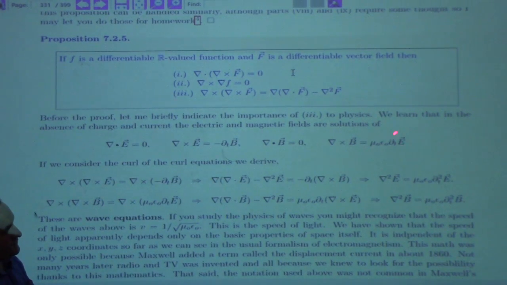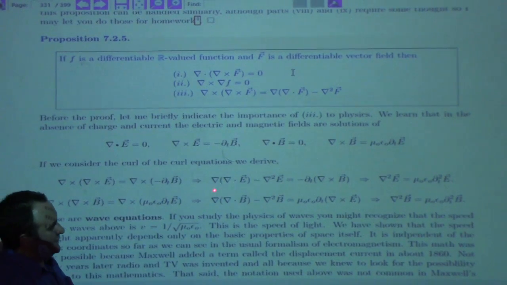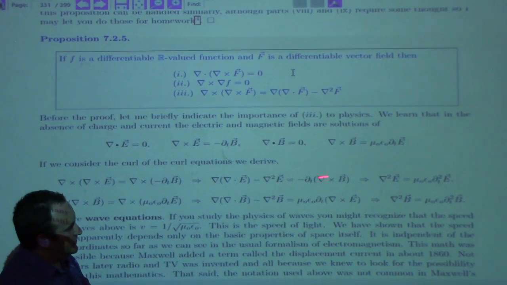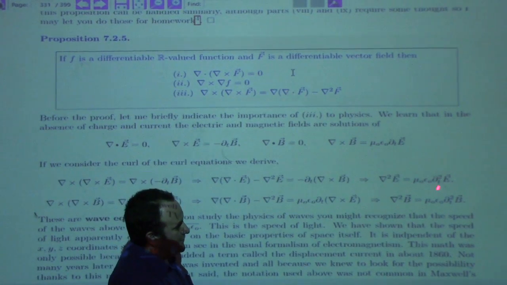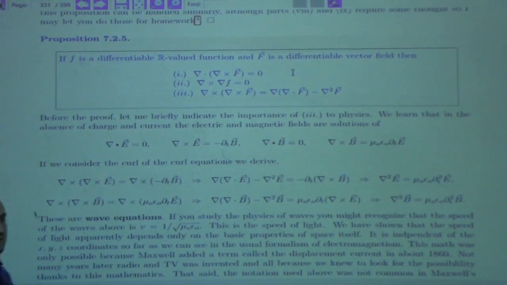It was the partial derivative of the electric field with respect to time. So basically 0, Laplacian of E, and this gives us the second time derivative of the electric field, which gives us this equation. The Laplacian of E is mu naught epsilon naught times the second time derivative of E, and this happens in each component.